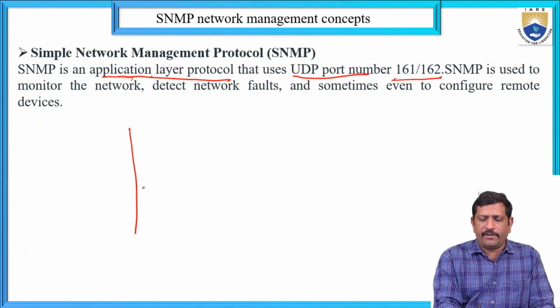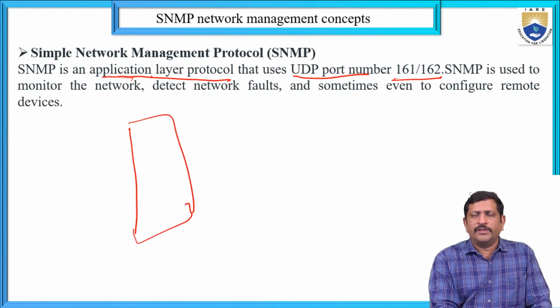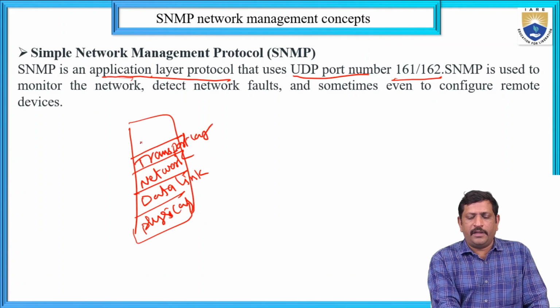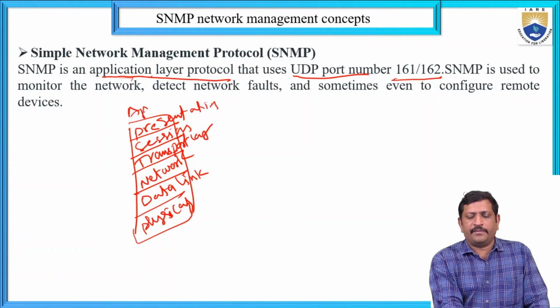Now if you see the OSI reference model, generally we are using the first layer as the physical layer, the second layer is the data link layer, the third layer is the network layer, the fourth layer is the transport layer, then the session layer, the presentation layer, and the application layer.